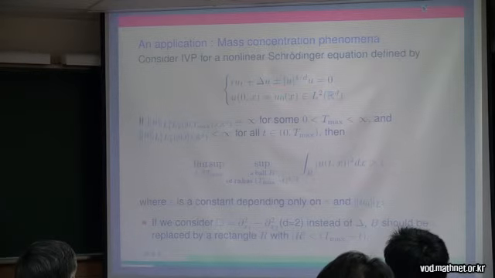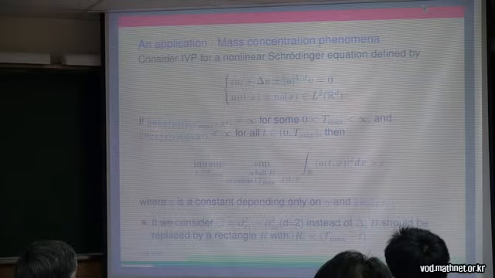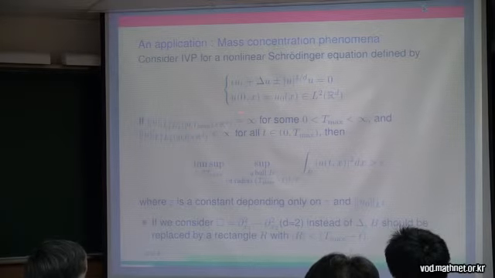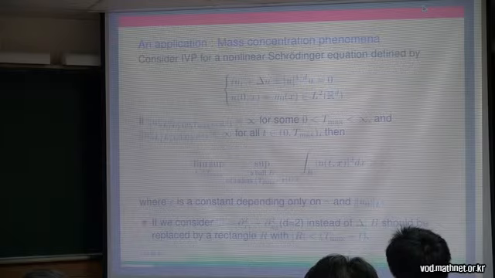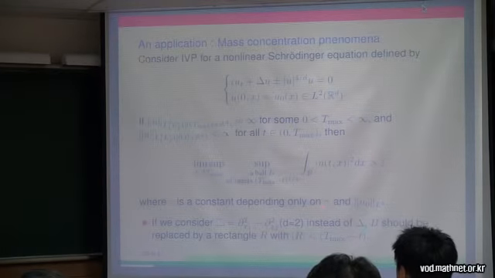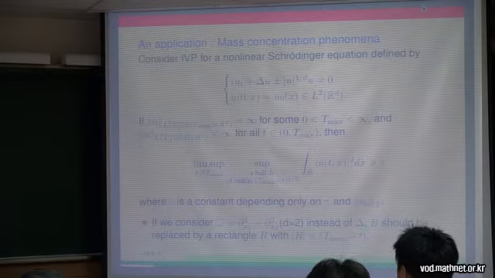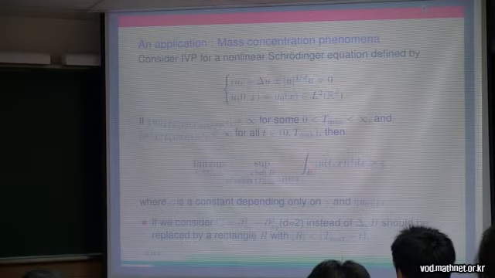The mass concentration phenomenon says that if the solution u blows up at time t max, then there is somewhere, we don't know the exact location, where the mass of the solution never vanishes. Yeah, this is the mass concentration phenomenon.